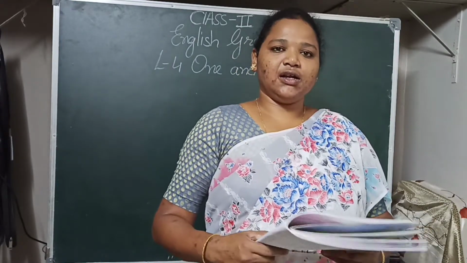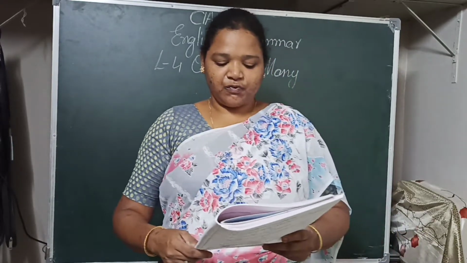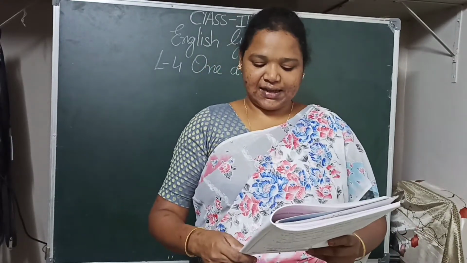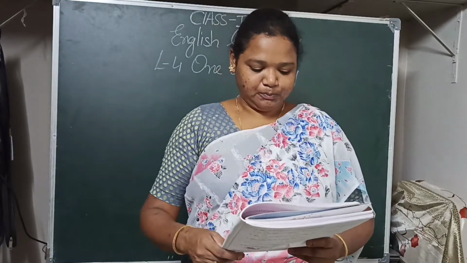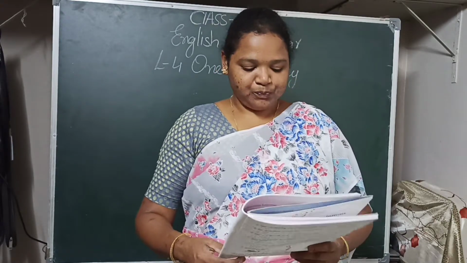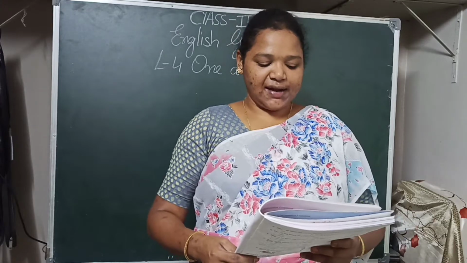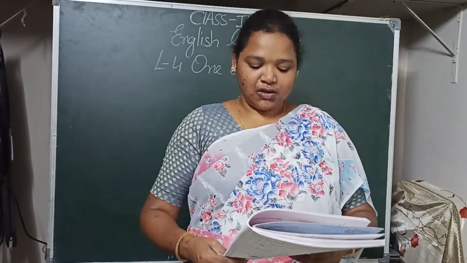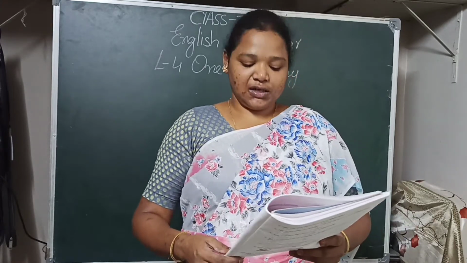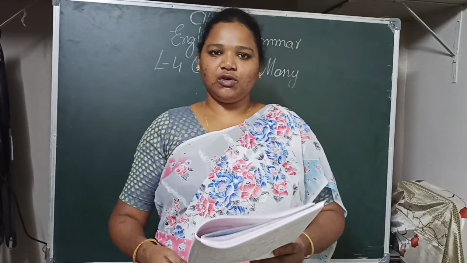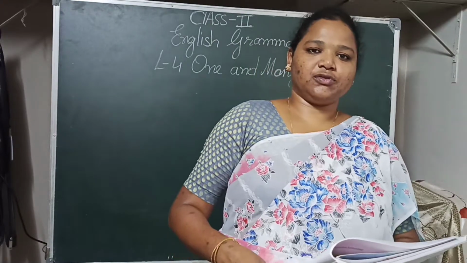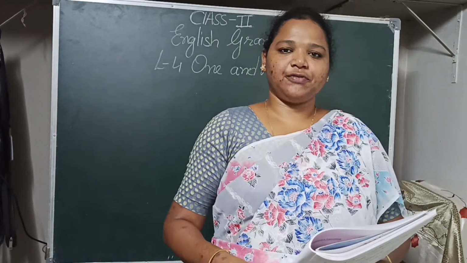Then when a word ends with o, we add es. For example, tomato, tomatoes. Okay. Potato, potatoes. And if the noun ends with f or fe, we put a v in place of f and add es. Like in knife. The word is ending with fe.